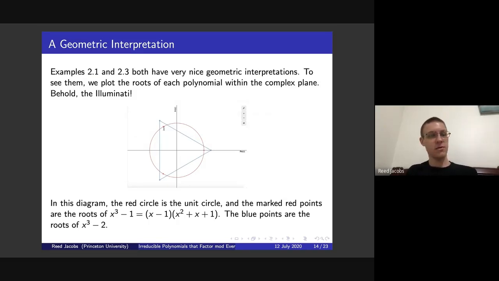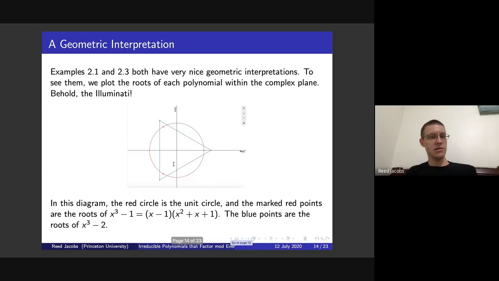The red dot marked here is omega 1, and the red dot marked here is omega 2. And then the vertices of the blue triangle are the cube root of 2 right here, the cube root of 2 times omega 1 here, and the cube root of 2 times omega 2 here. The points marked on the red circle are the cube roots of unity.